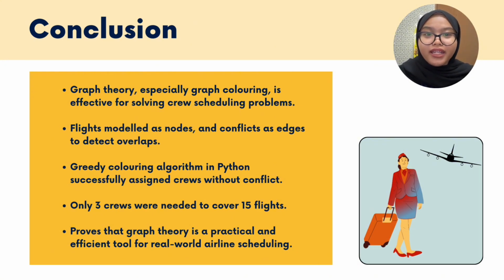Using Python and a greedy coloring algorithm, we managed to assign just 3 crews to cover 15 flights with no conflicts at all. This result shows that graph theory is not just theoretical, it's a practical and effective solution that airlines can use to plan safer and more efficient schedules.